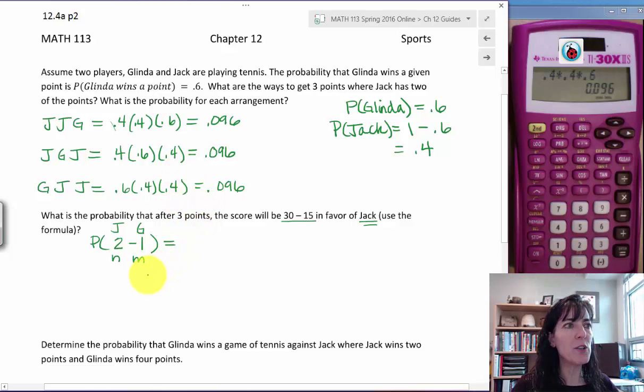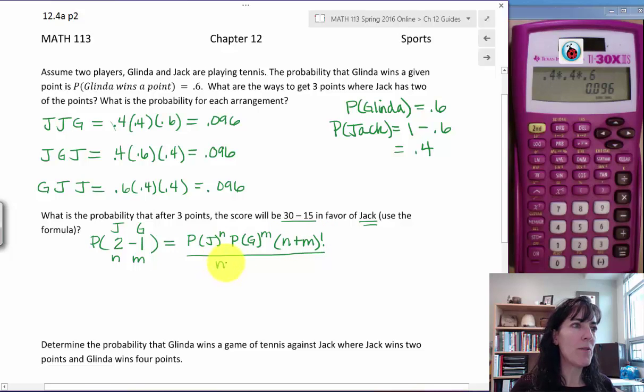But I'm going to write a slightly modified formula: the probability for Jack raised to the N times the probability for Glinda raised to the M times (N plus M) factorial over N factorial M factorial. So I've written it, instead of putting probability of A, probability of B, I've put in Jack and Glinda just to help me out a little bit. But otherwise, that's my original formula.